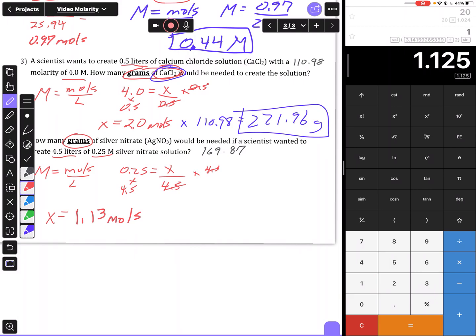So to convert that to grams, I need to find the molar mass of AgNO3: add up silver's atomic mass, nitrogen's atomic mass, and 3 times the molar mass of oxygen. When you add all those up, you would get the molar mass to be 169.87. To go from moles to grams, I'm going to multiply by the molar mass.